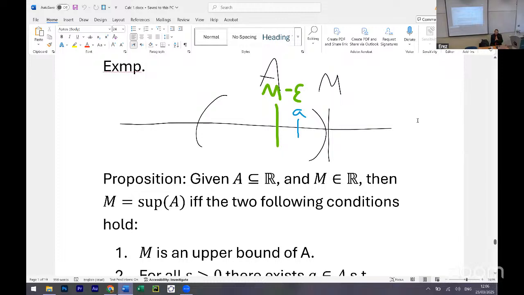Last session, we talked about supremum and infimum. A supremum is the lowest upper bound, right?